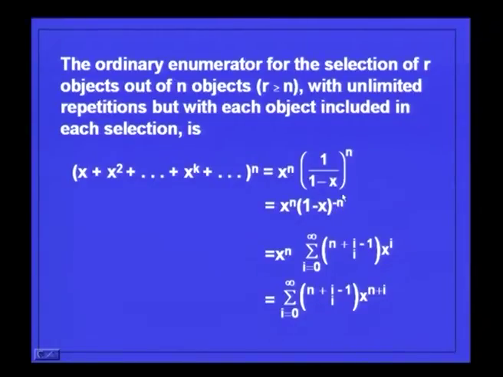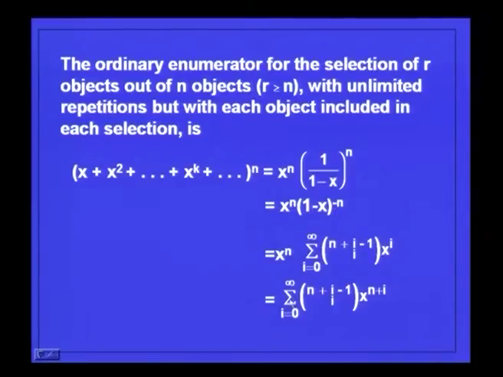And if you expand this portion and simplify, the expression for (1 minus x) power minus n using binomial expansion is the sum over I equal to 0 to infinity of C(n+I-1, I) x power I. This is the way you expand (1 minus x) to the power of minus n.